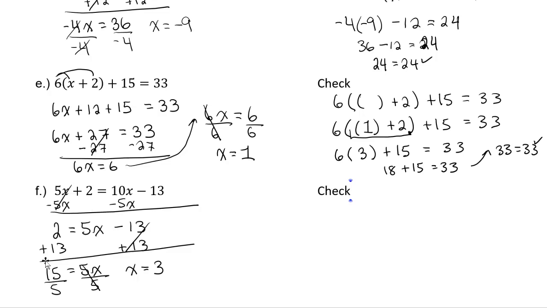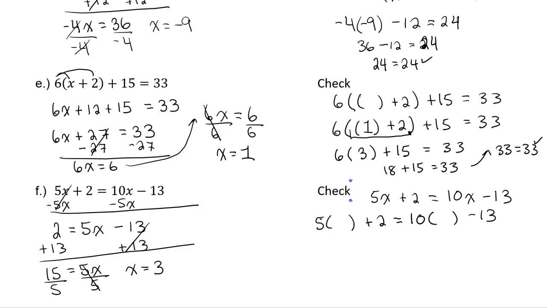All right, now it's time to check. So we're going to do 5x. Again, I always just rewrite the original. And then I pull the variable out and put in my parentheses. So I get 5 parentheses plus 2 equals 10 parentheses minus 13.